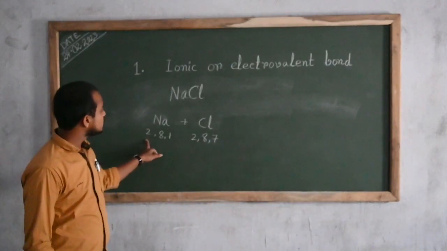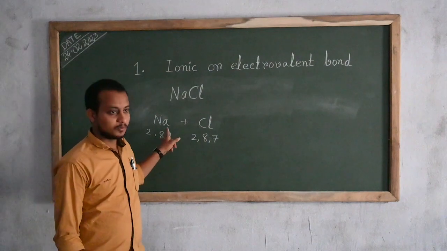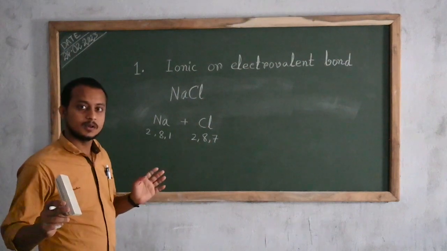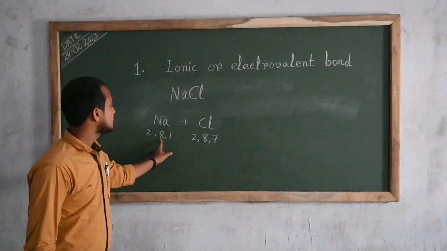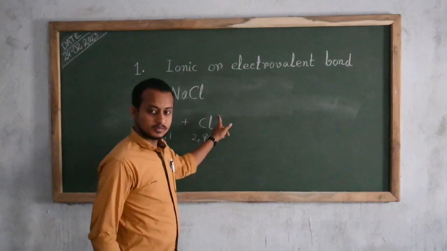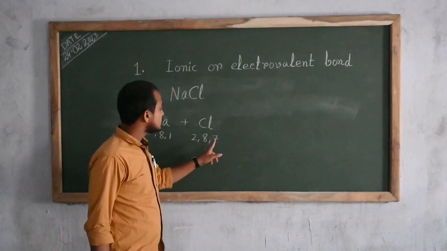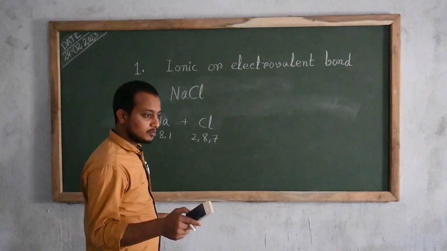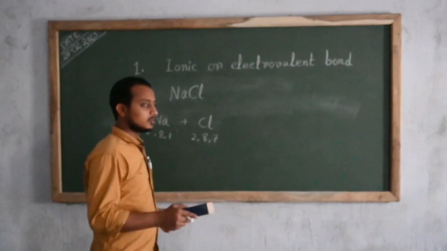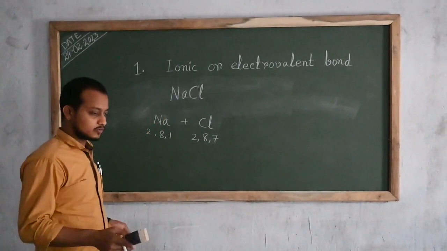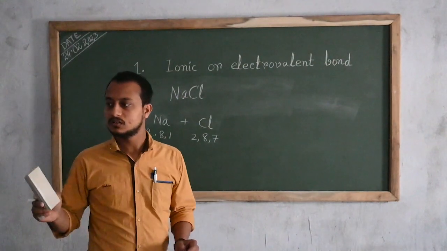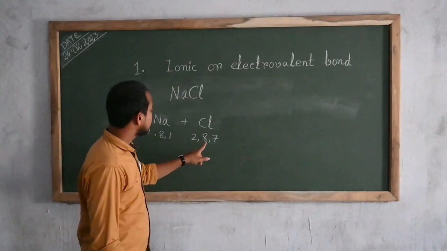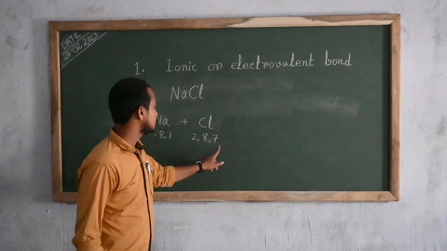So here we can see sodium has one more electron than its stable number, that is 8, and chlorine has one less electron than its stable number. Stable means octet rule, that is, the number of electrons in the last shell should be 8, but here it is 7.